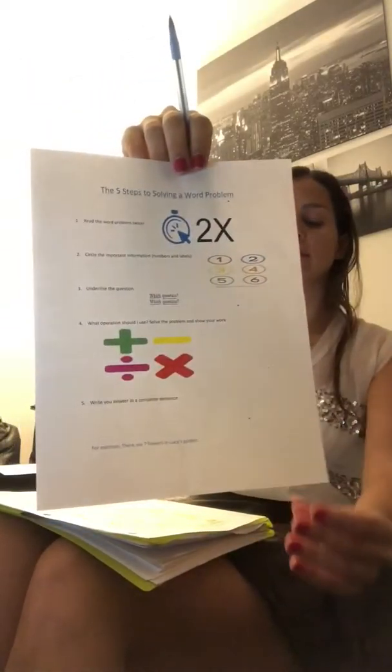My fourth step tells me to decide what operation I should use, solve the problem, and show my work. I'm reading just from the steps. So I'm looking for those keywords that are telling me whether I'm going to add or subtract. In this problem, the word left is telling me they want me to subtract to figure out how many cookies were left, because she had, sorry, not cupcakes, cookies.